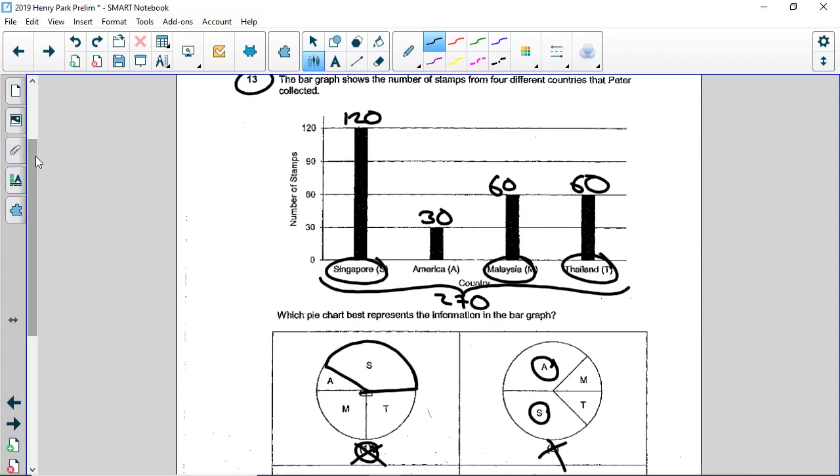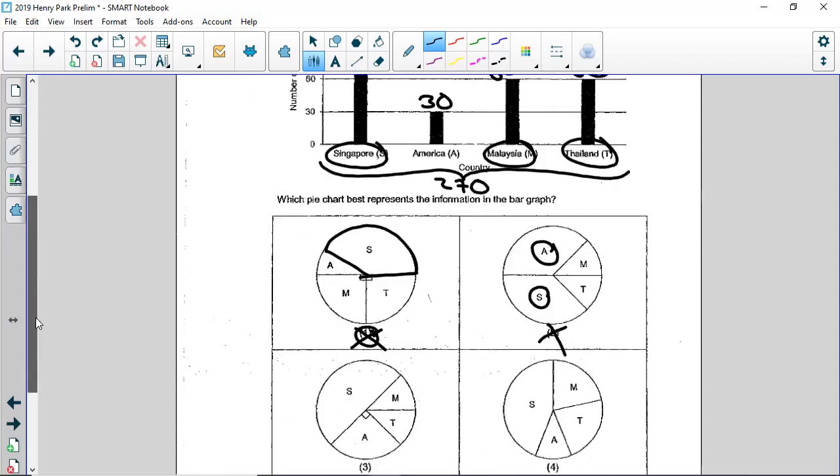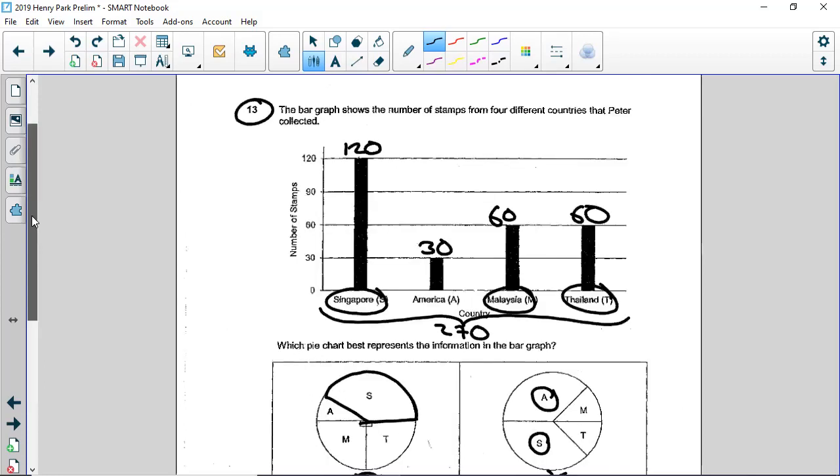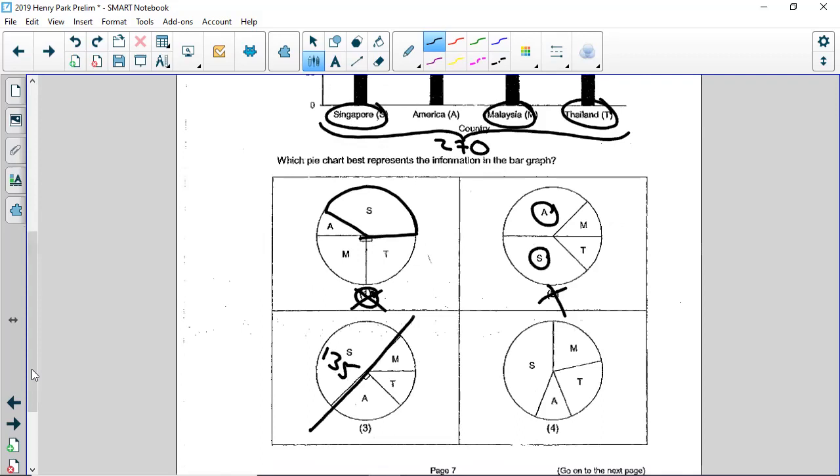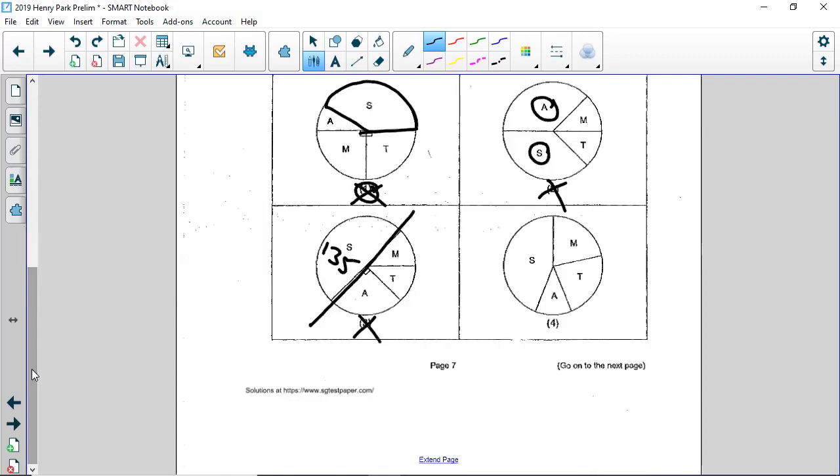Which is 135. But if you look at number 3, is Singapore 135? No, it's not. Singapore is only 120. So number 3 is also out. It's a very good question because if you don't read carefully, you will get tricked.